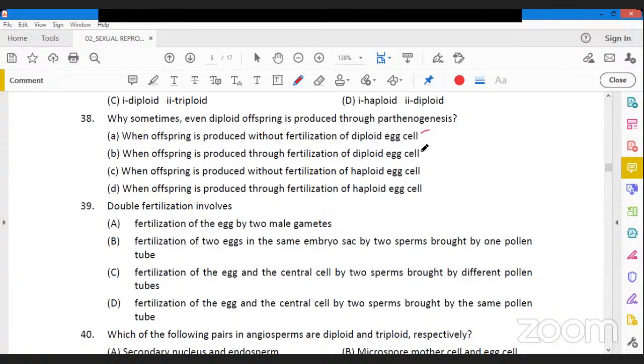Through fertilization is wrong, and from a haploid egg cell it can't be diploid. So without fertilization of a diploid egg cell is correct.